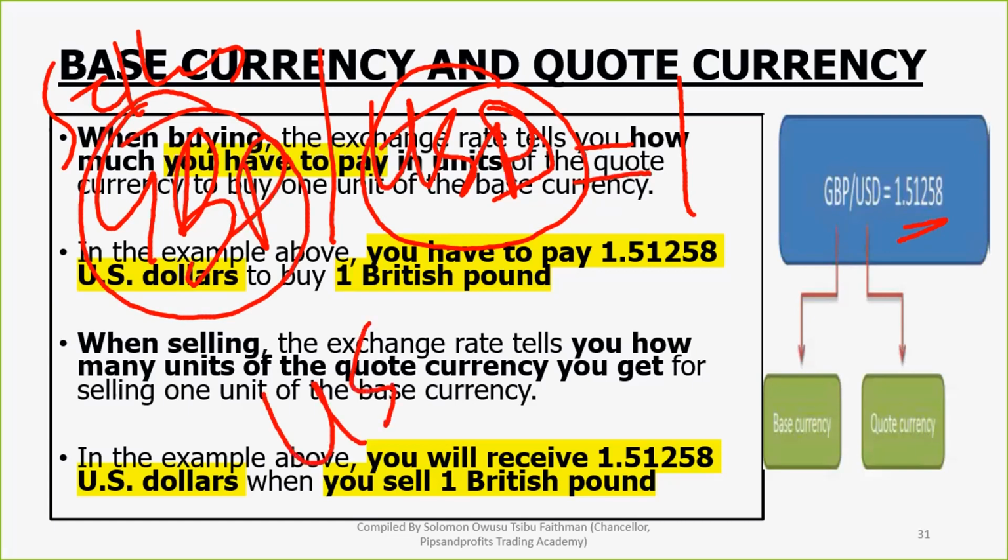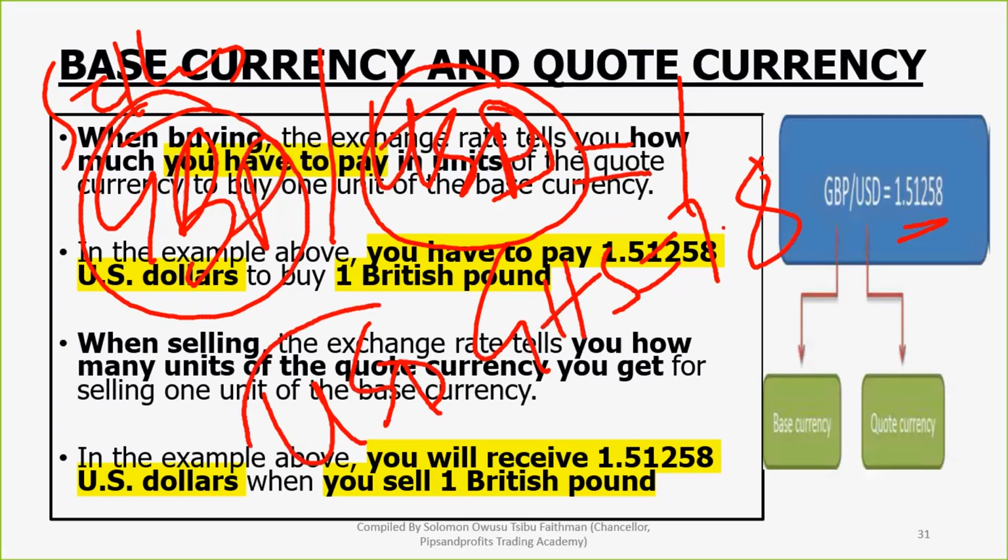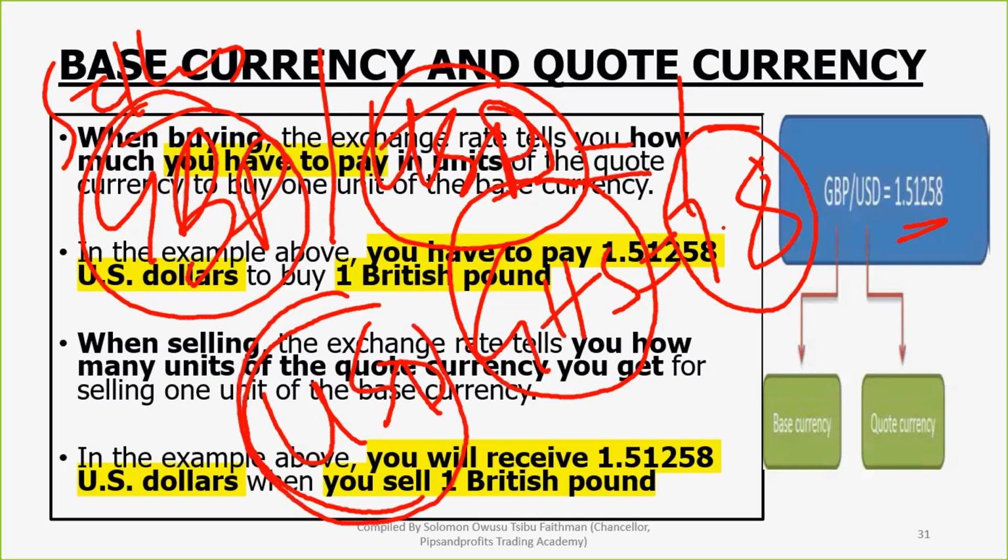The same way, if you have the US dollar and Ghana cedis as 7.8, when you are selling, it means you are selling your dollars. Now, the rate is going to tell you how much of the quote you are going to get when you sell the base.